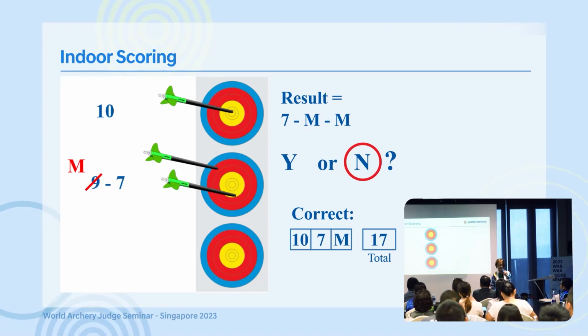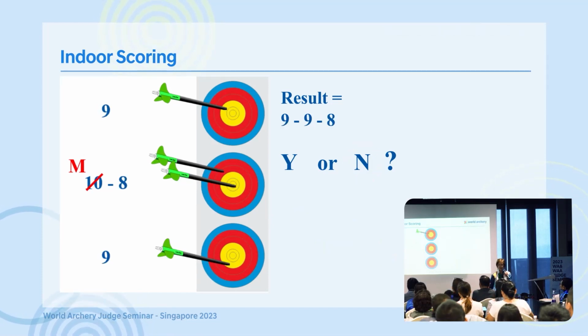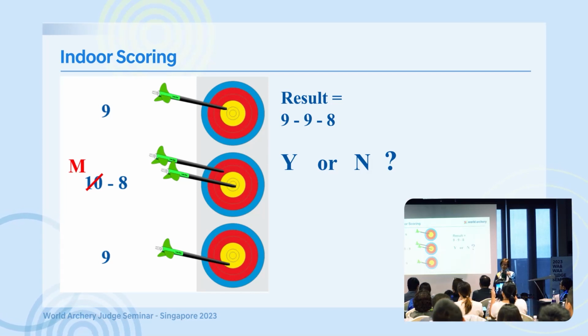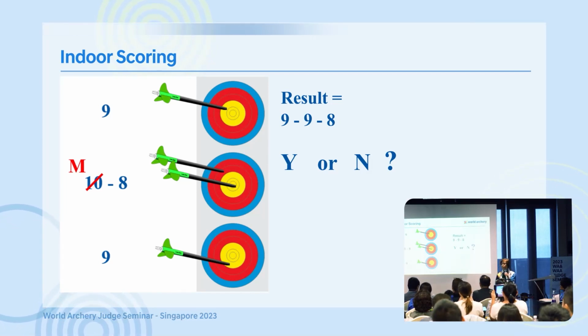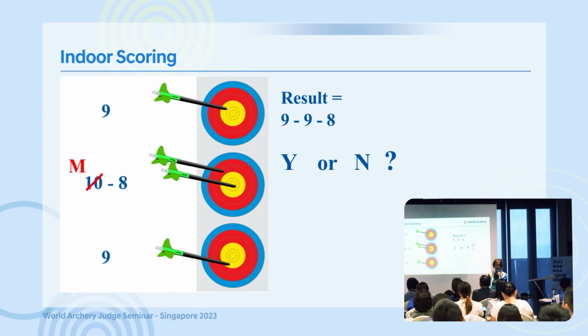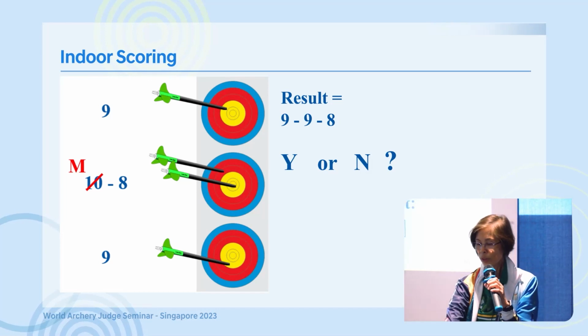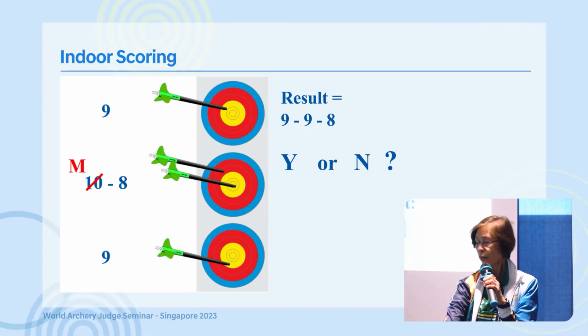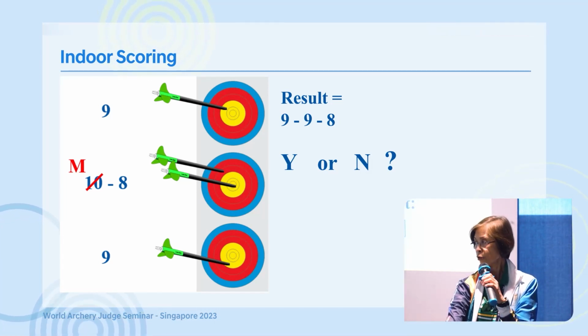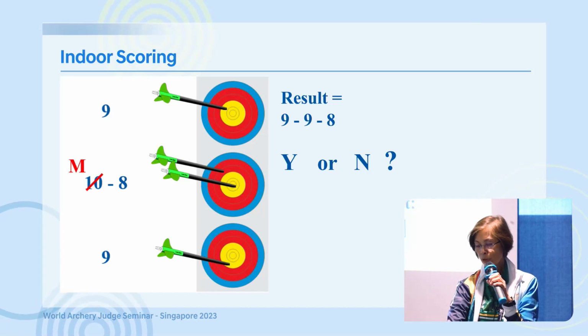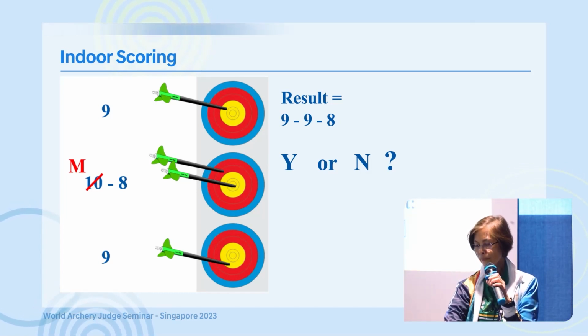Second example. Now there's more things going on here. Is that correct, the result? 998. The middle has two arrows, so you remove the highest scoring arrow and make it an M. So now you have 998M.